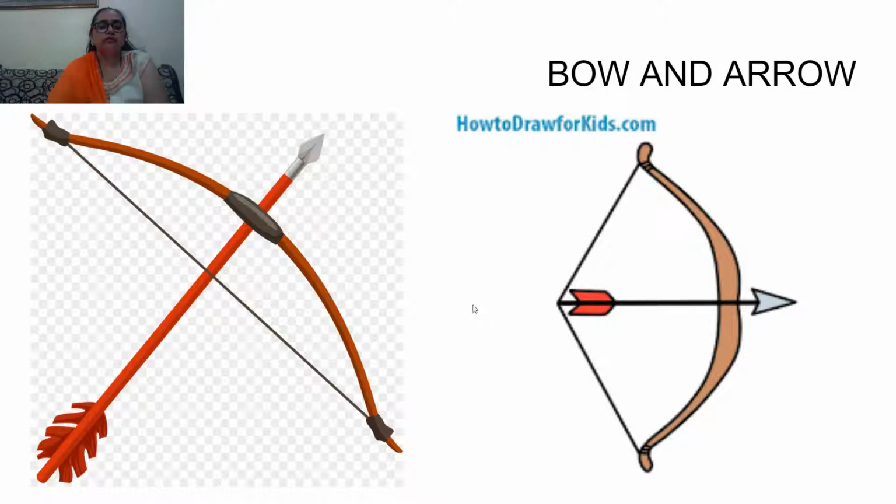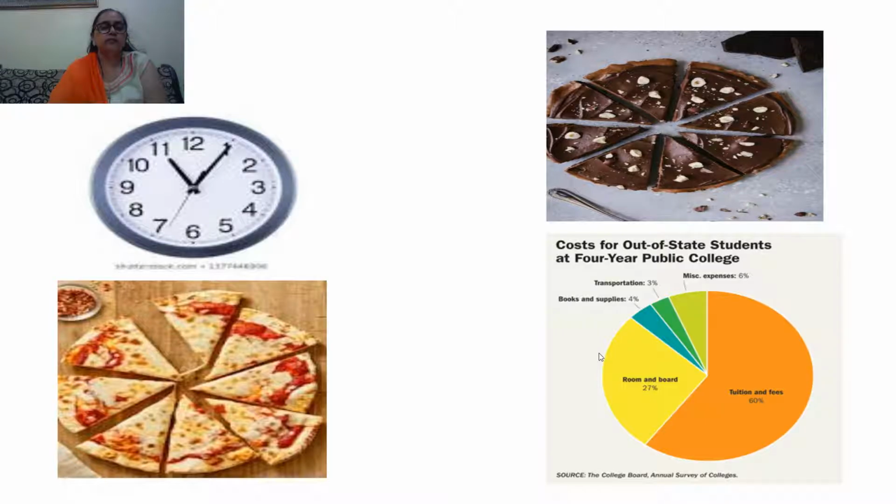Here are 2 different diagrams of a bow and arrow. In this diagram you see that the bow and string make a circular region, and over here the string is stretched and forms a circular region. Now let's recall the same shape.